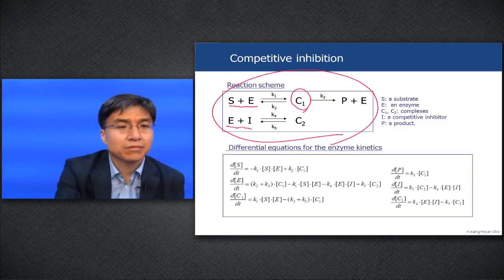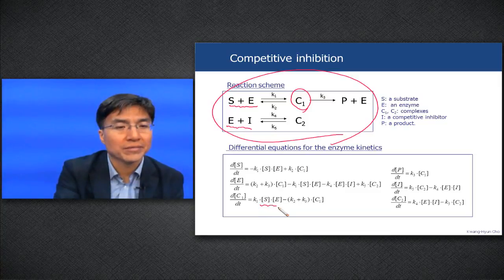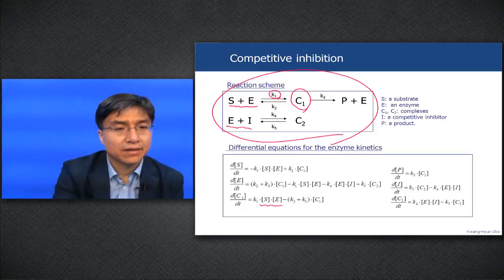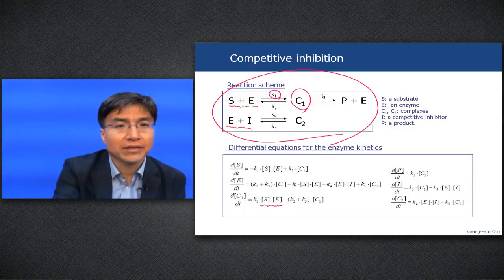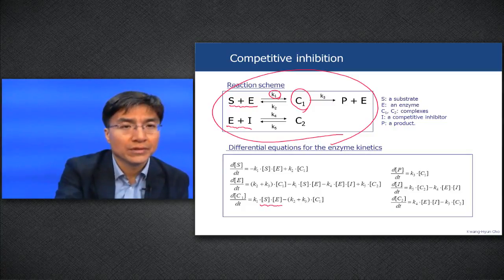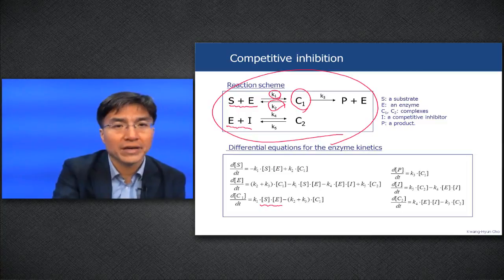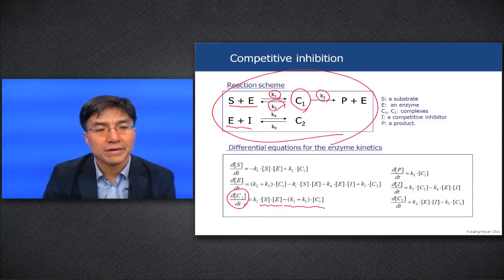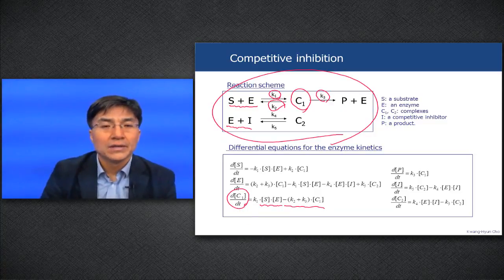The rate of change of complex 1 would be proportional to the product of substrate and enzyme concentration because of this forward reaction. And then it is inversely proportional to the reverse reaction of K2 and K3, like this. So we can finally have the rate of change of C1 in this way.